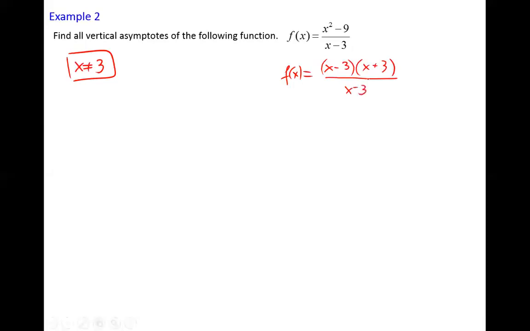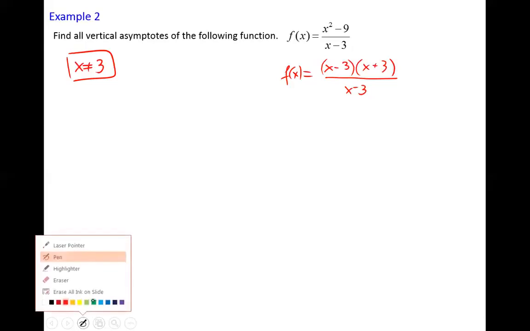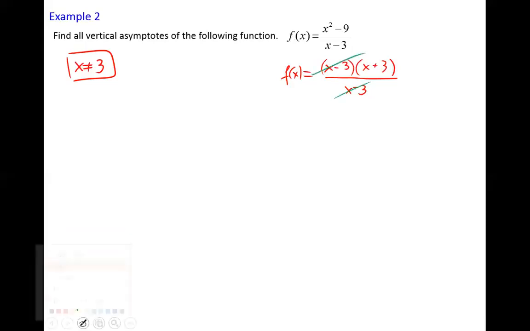And now I see a common factor, so I have to simplify, and my function in reduced form has the formula x plus 3. No zeros in the denominator.